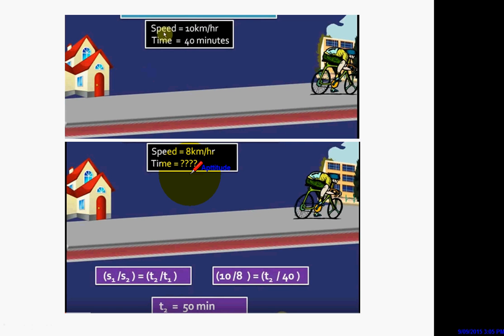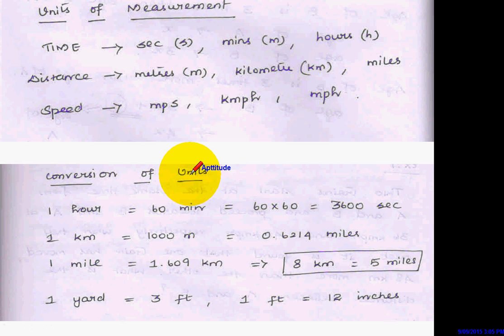So these are the 3 cases which we must remember. Only depending on these 3 cases, we can solve the foregoing problems. Before we move into the problem, we have to see the units of measurement, because we have 3 different variables: time, distance and speed. All these 3 variables are measured using different units.